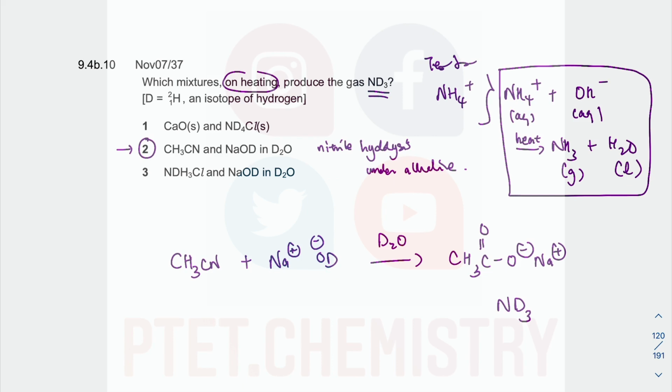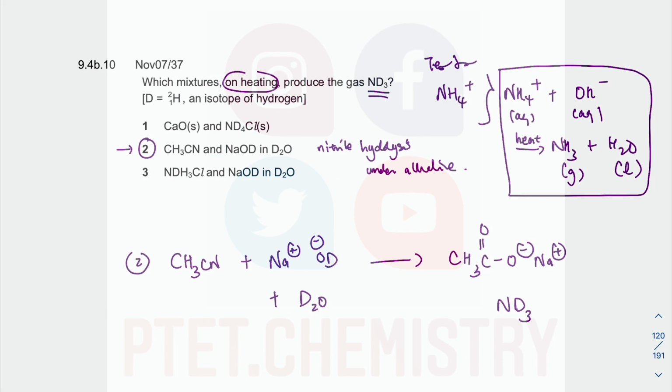All right, as a result of your hydrolysis of your nitrile. Okay, so perhaps I should write D2O there, and you can see the equation balance out. The COONa, and then you get the ND3 because the D there goes to the ND3. This equation is balanced. All right, so you do get ND3 in reaction 2.